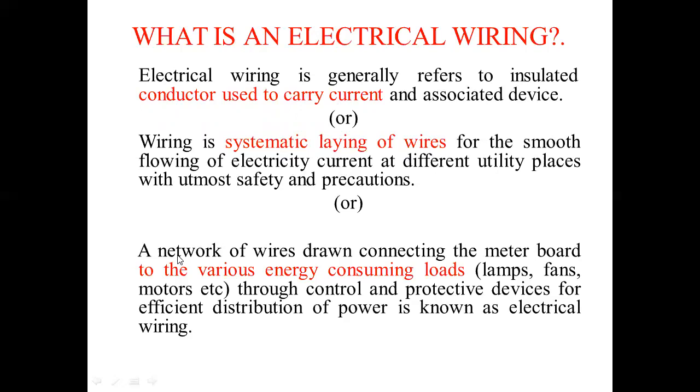Or in another way, electrical wiring means a network of wires drawn connecting the meter board to the various energy consuming loads, for example lamps, fans, motors, any appliances, through control and protective devices for efficient distribution of power, which is known as electrical wiring.